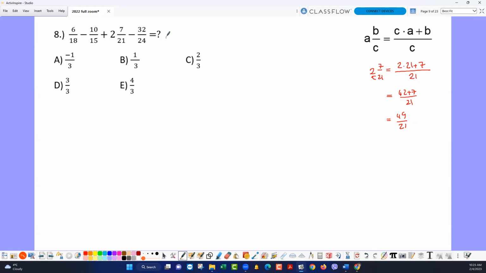Now I'm rewriting the numbers here. 6 over 18 minus 10 over 15 is equal to plus 49 over 21 minus 32 over 24.